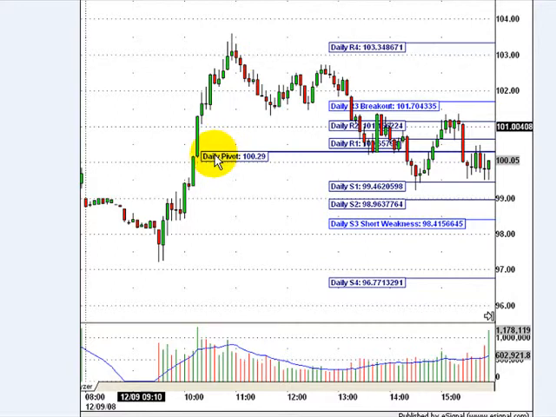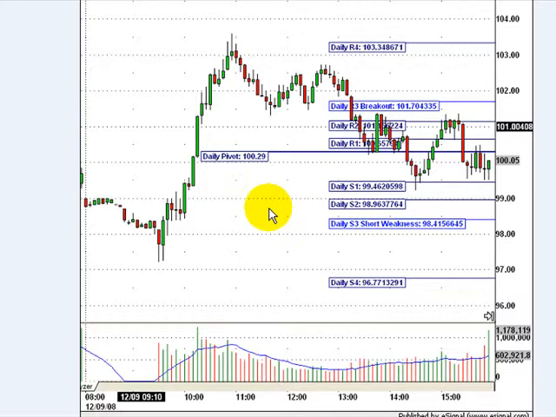So this was a 3-point play in Apple, long from right around 100, got in just before the pivot. As you see, the volume increased here. How did I know the volume would increase? Well, it's approaching the daily pivot. So, nice profitable play in Apple.